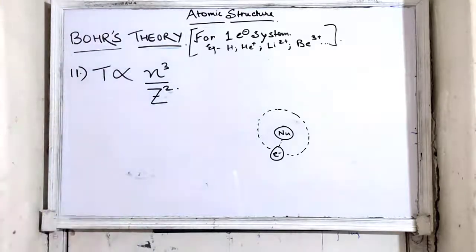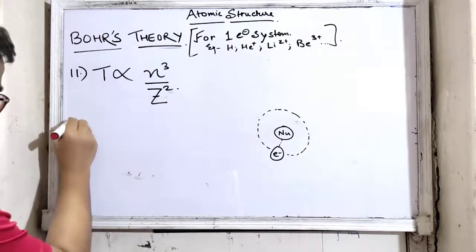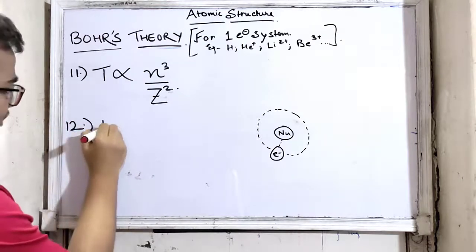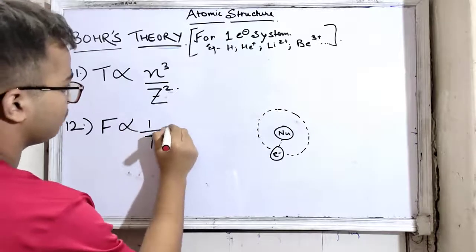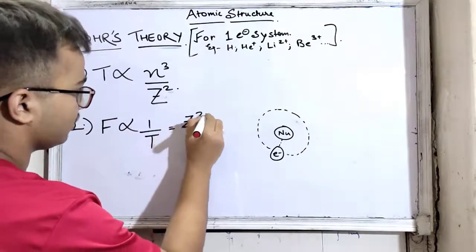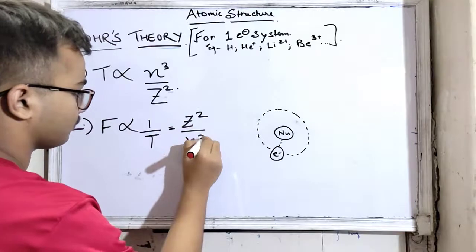Now what is frequency? You have to remember that frequency is equal to 1 by time period, equal to z square by n cube.